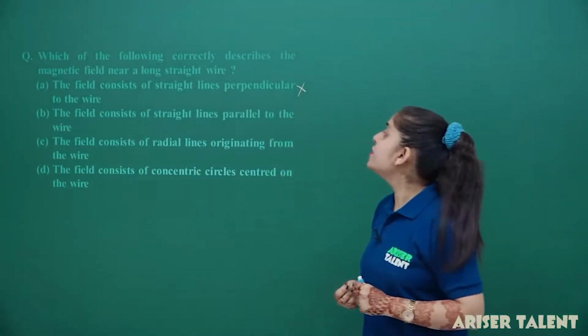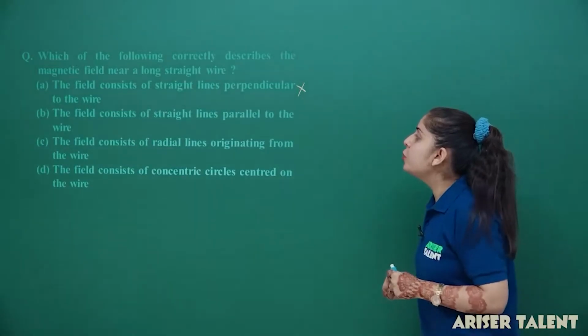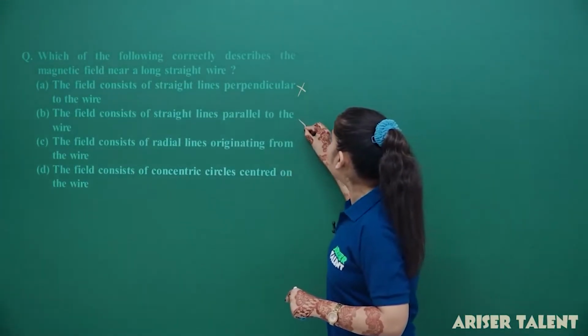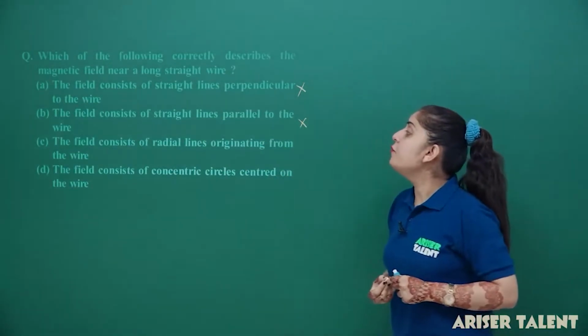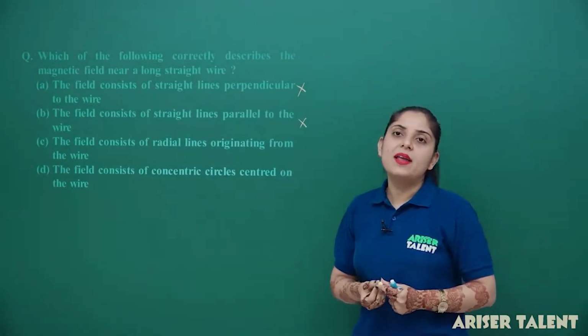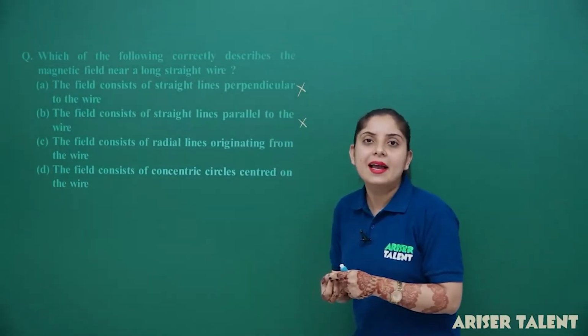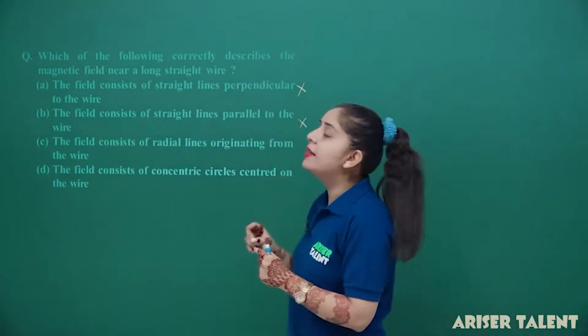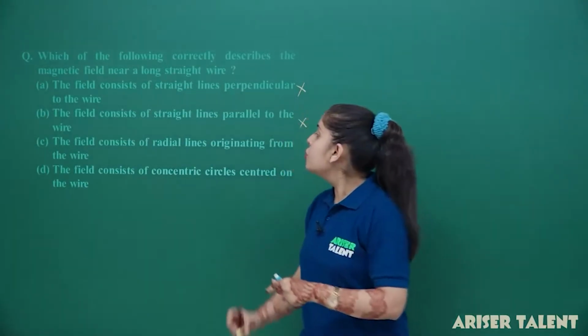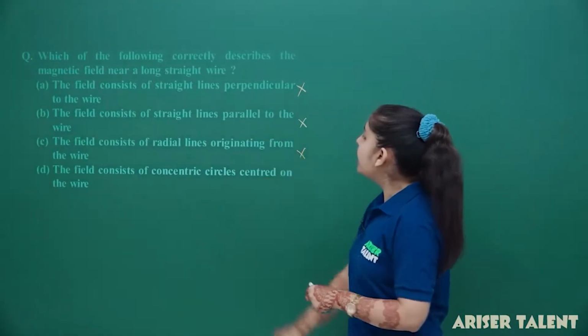The field consists of straight lines parallel to the wire. This is again an absolutely wrong statement because the lines will not be parallel to the wire. The field consists of radial lines originating from the wire. Actually, these are not radial lines. These lines for the straight conductor will be in the form of concentric circles only. So this will again be a wrong statement.